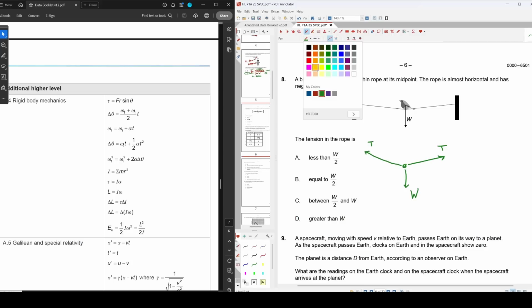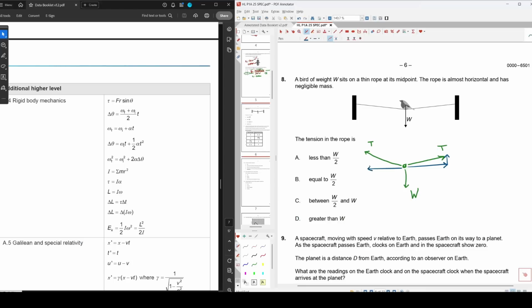Whenever you have angled stuff, remember the game is you got to do the whole X piece, Y piece thing. Forgive me for trying to write on my little tablet thing here. Even in a rough, sloppy, quick way, using a ruler on the exams is really good for this. Okay, so there's Ty and Tx. The Ty is what I care about.